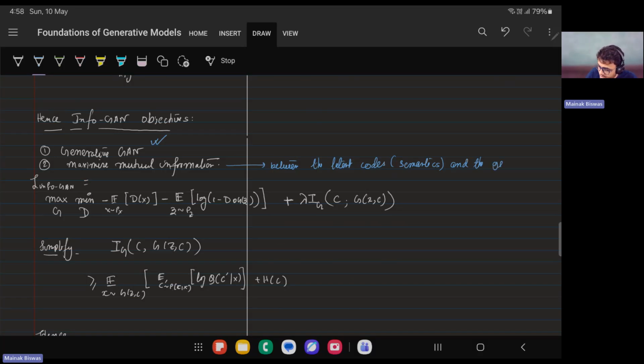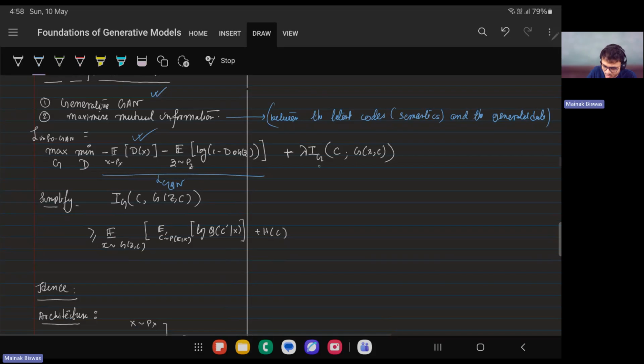The generated data. Right? So now let's see how we will do that. We know this objective already. This is the GAN objective, L-GAN. And let's see how we can improve it to get the Info-GAN objective. So I of C and G of Z comma C, which I'll represent by, say, x tilde, is going to be given by the integral of x tilde comma C.